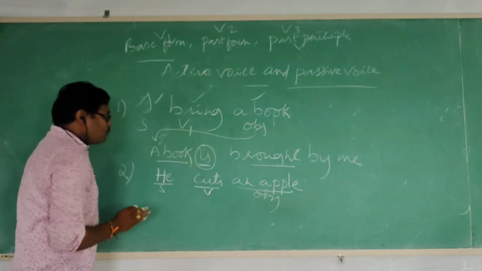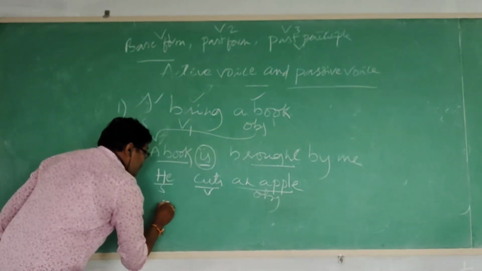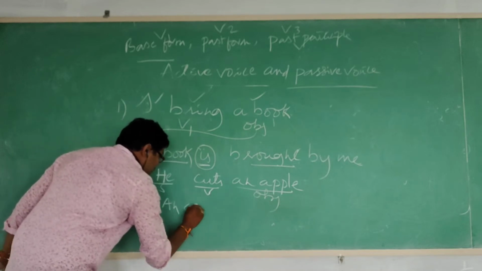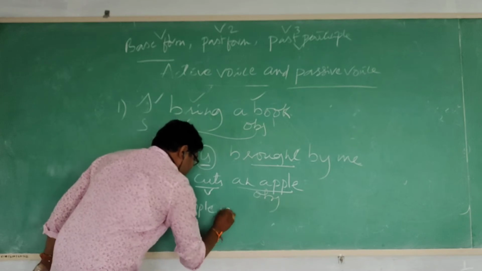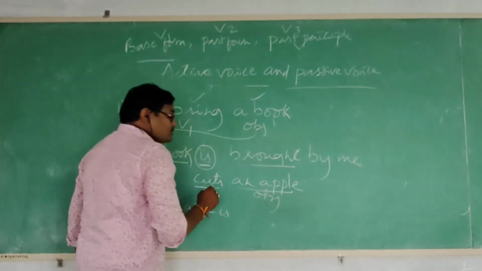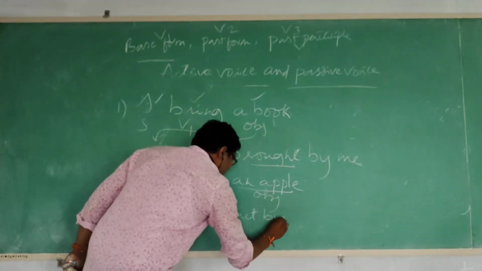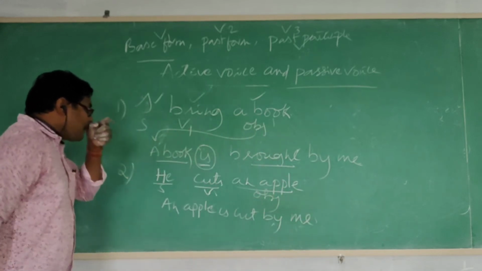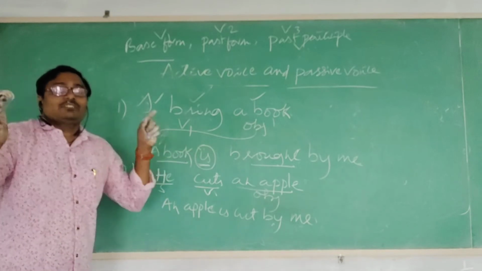Right? Now what we have to do? This became subject of passive voice. An apple is, a helping verb. Is cut by me. Right? This is the way how we can convert an active voice into passive voice.